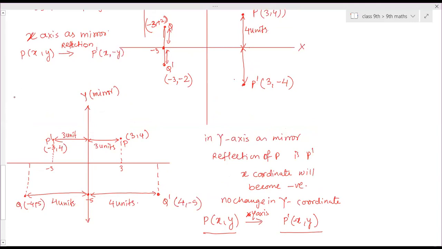So y will be negative in that case. Write down that.